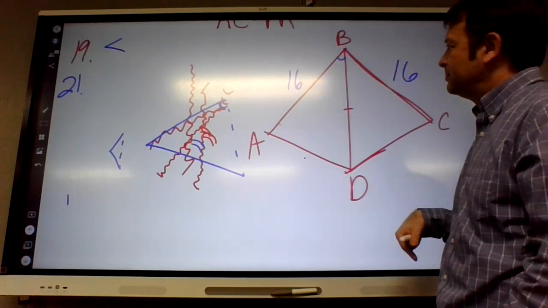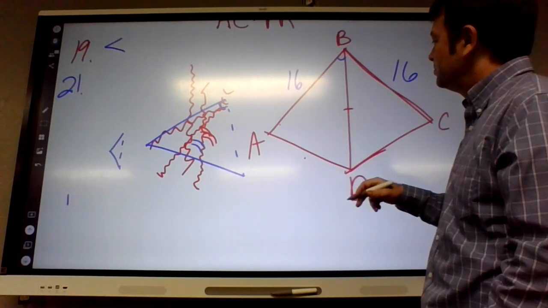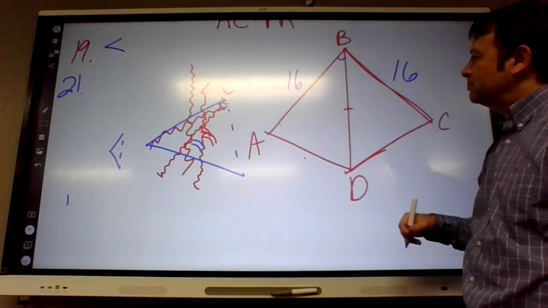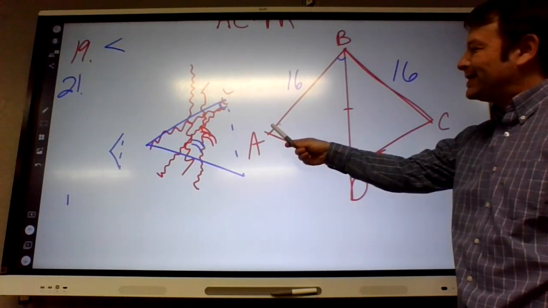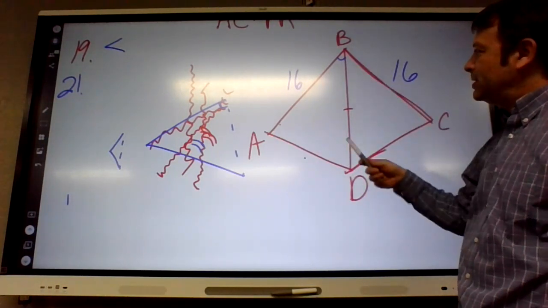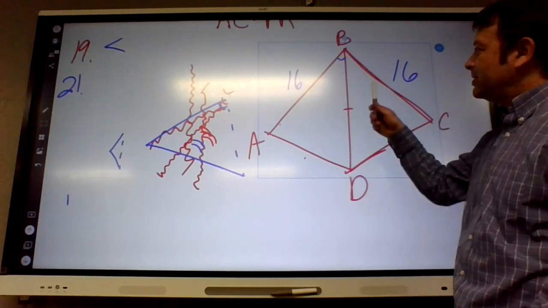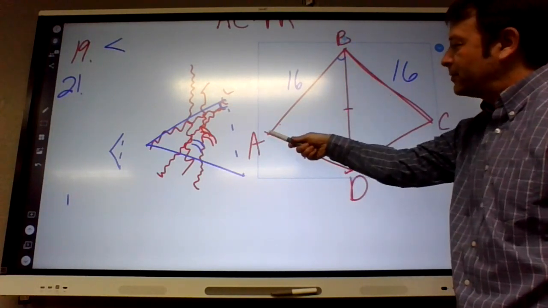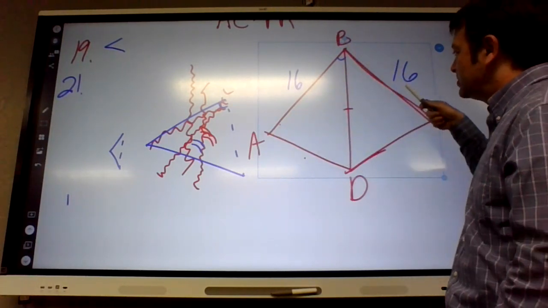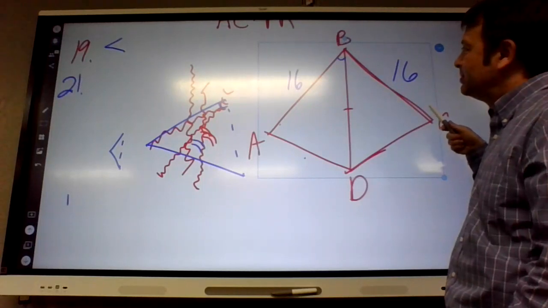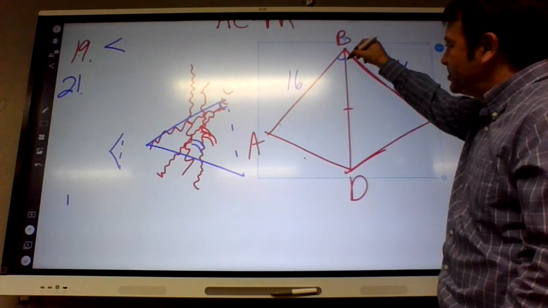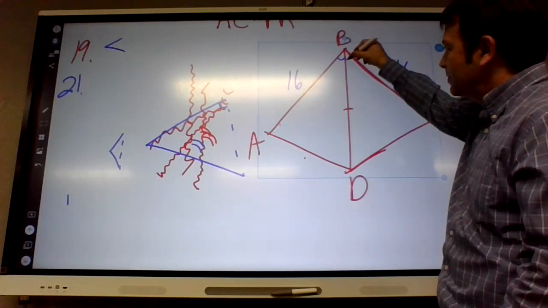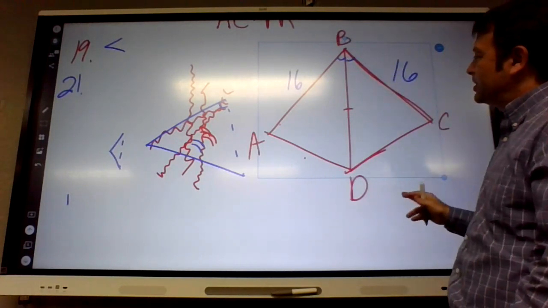Okay, let me say it again. Is everybody listening? It says angle ABD, this angle right here, is 1/2 of angle ABC. It tells you that it's congruent. Right. If this is half of the big angle, then the two little angles must both be a half. So those two are the same.